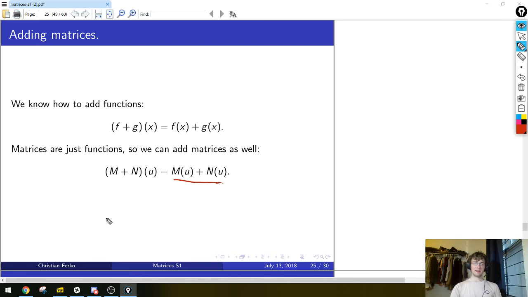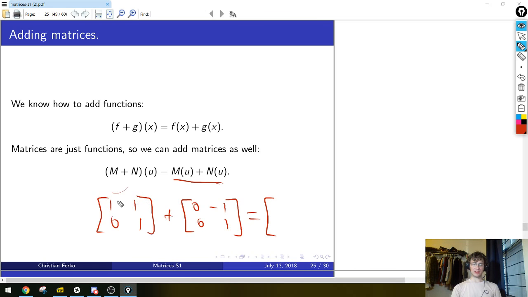You might think the most obvious thing for adding two matrices, making up numbers again, is to just add their elements. So maybe to add these, I should add the top left, which would give me 1 plus 0 is 1, 1 plus minus 1 is 0, 0 plus 0 is 0, and 1 plus 1 is 2.